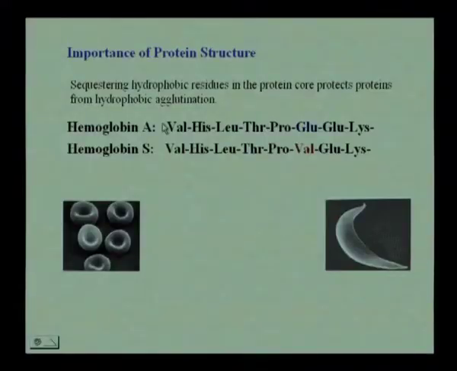Now, when we consider the importance of protein structure, I have this one slide that shows you how detrimental a very slight change in the structure might be. You have all heard of sickle cell anemia. This is what happens to your red blood cells, which are originally circular in shape. They become sickle shaped if you have sickle cell anemia. Now, this is the beta chain of hemoglobin.